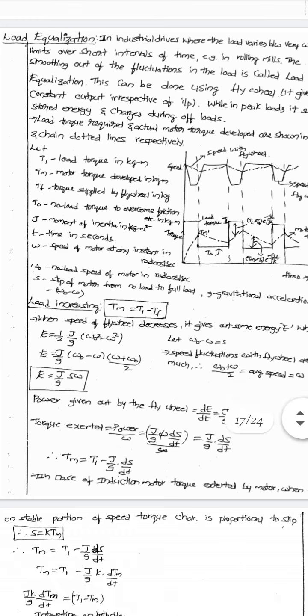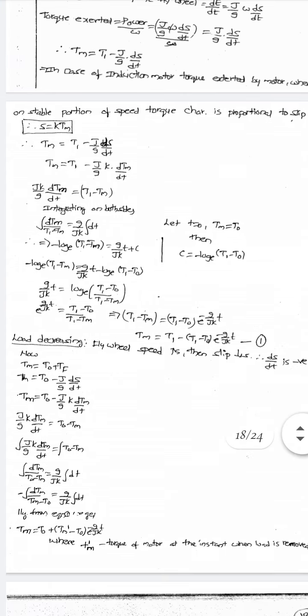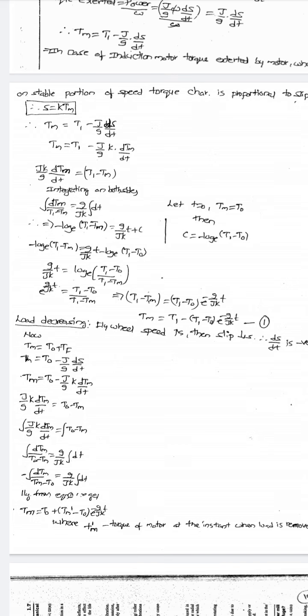Next, similarly, for the load decreasing case, the expressions are similar to the above, with the slip value considered as minus. Finally, substituting the total results, you get the load equalization. Okay, this is about load equalization. Thank you.